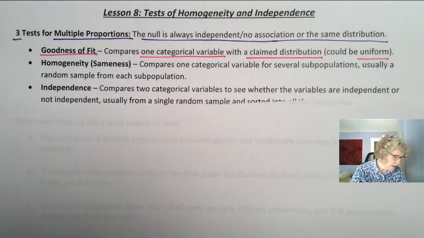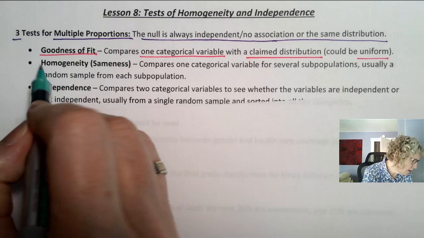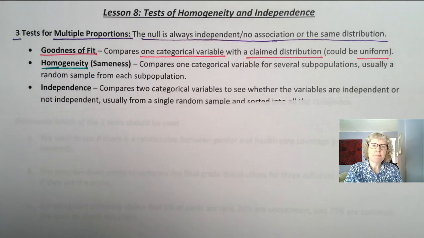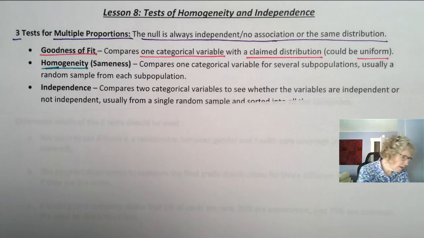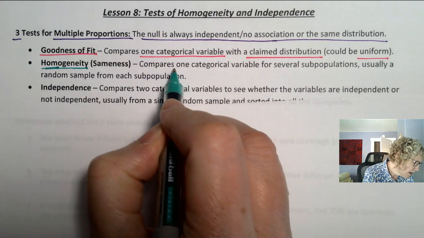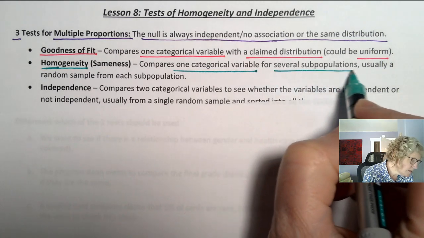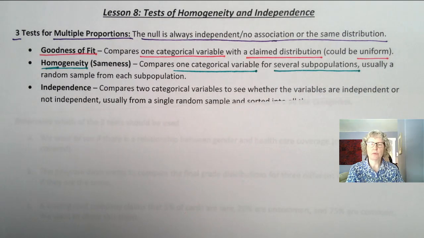Let's look at homogeneity. Okay, so think homo means sameness, right? Homogeneity. So we're testing, again, one categorical variable, but this time we have several subpopulations. Okay, so we want to see if these subpopulations are the same, okay? Same distribution, okay?